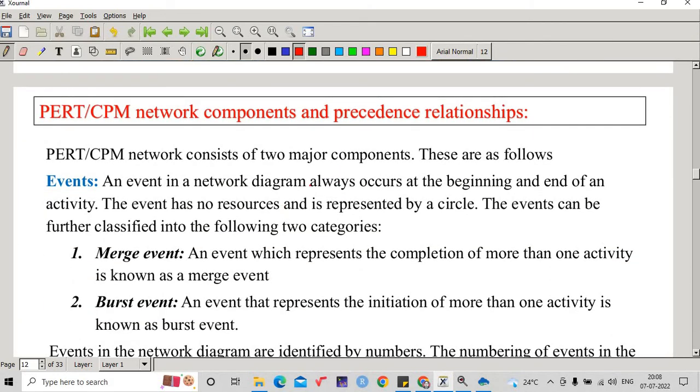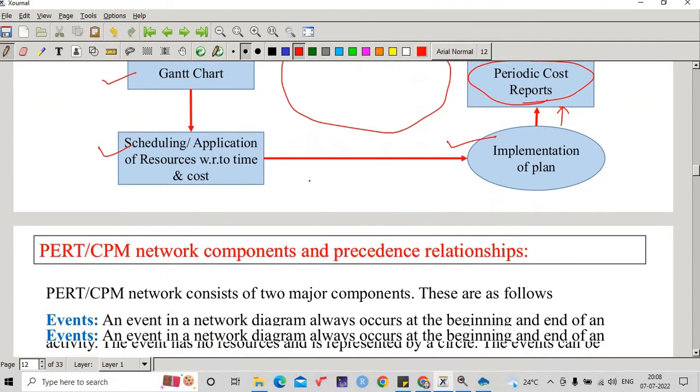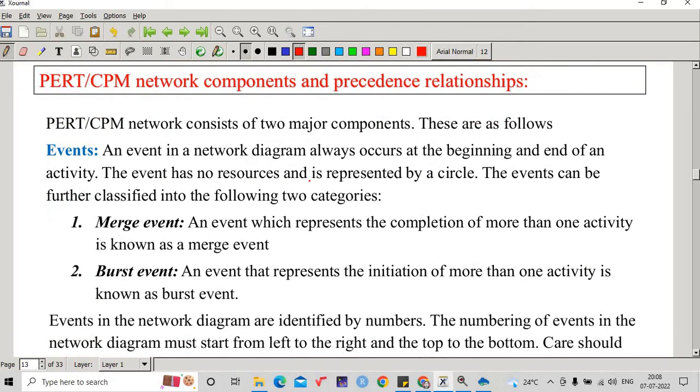Now, this was the basic part of network analysis as well as project management. Now onwards, we'll try to understand the different components included in PERT and CPM analysis and the procedure to identify the network diagram, then the procedure to identify the program evaluation and review technique.